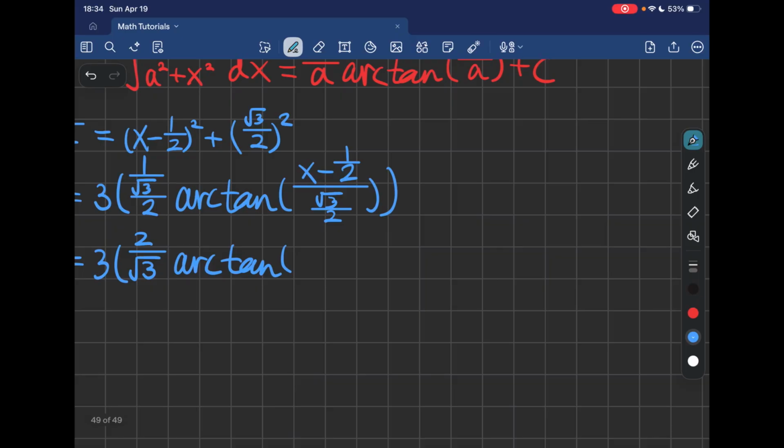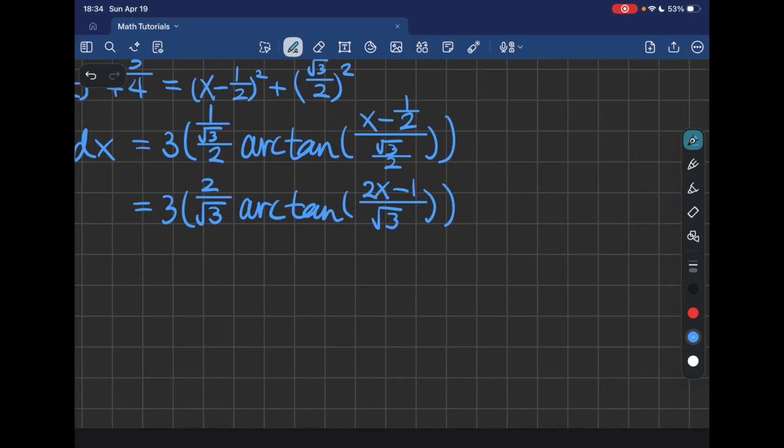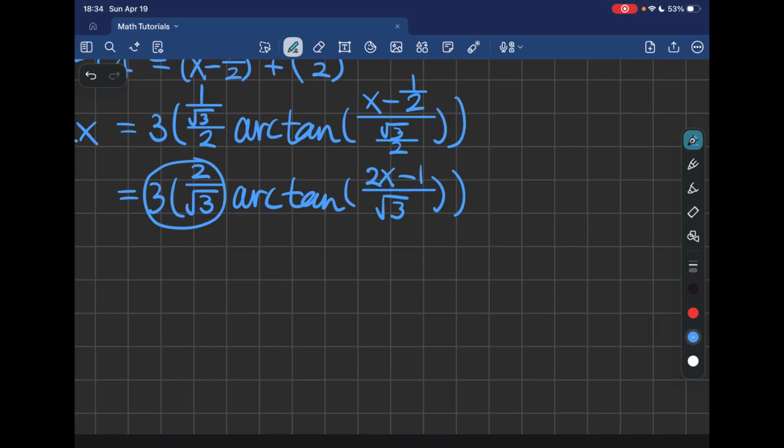So you just multiply the numerator by 2, you have 2x minus 1. That's over square root of 3. We can simplify that.